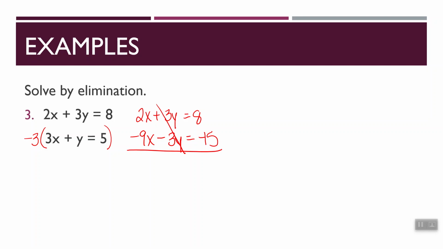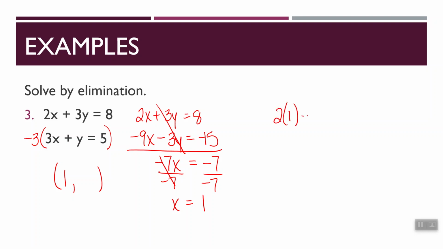Now when we solve, 2x and negative 9x is going to be negative 7x, and 8 plus negative 15 is negative 7. Dividing both sides by negative 7 gives us that x equals 1. We're going to take that x value and plug it into either the first or the second equation.